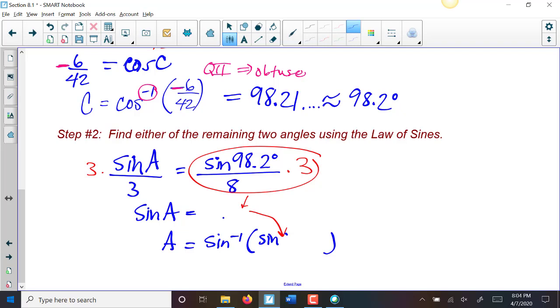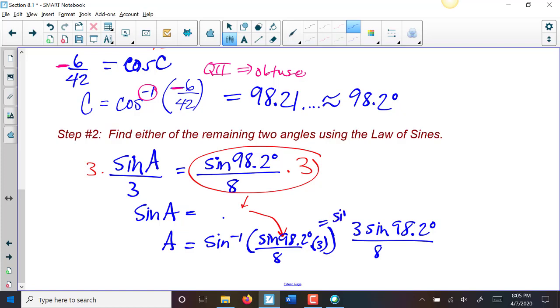So it'd be the sine of 98.2 over 8 times 3. Actually, it might be better to put the 3 out front. So 3 times the sine of 98.2 over 8 would probably be better.